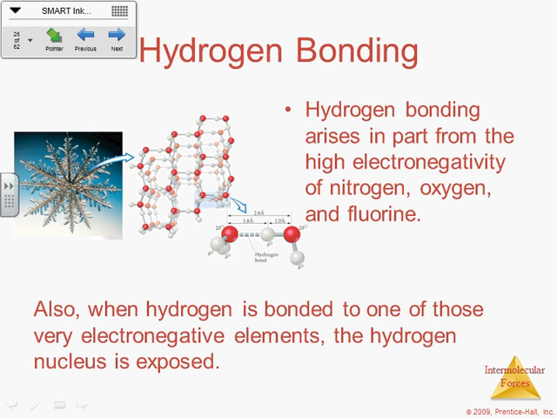Then all you have left on the hydrogen is really just a proton, the hydrogen nucleus, so there are no electrons getting in the way of it bonding with something that has a negative charge. Because of its size, and because it really doesn't have any electrons at that point, that makes for a very strong partial positive charge that can bond with something that has a very strong partial negative charge.